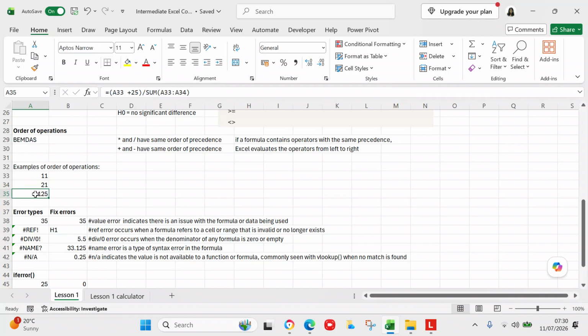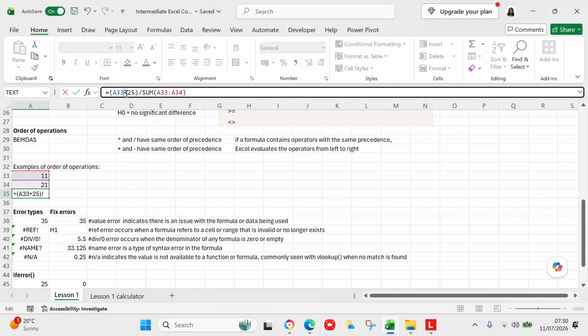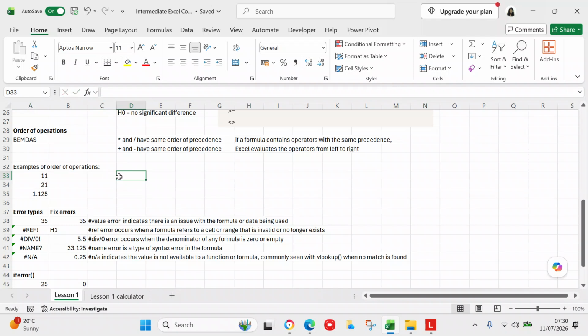And so the next example we have is A33 plus 25. So A33 plus 25, that's 11 plus 25, so that's going to be 36, divided by the sum of A33 to A34.